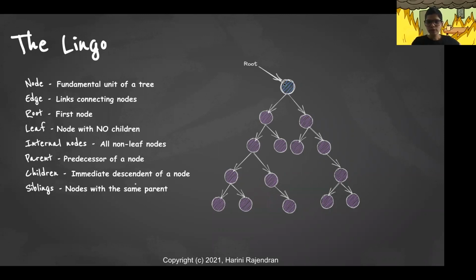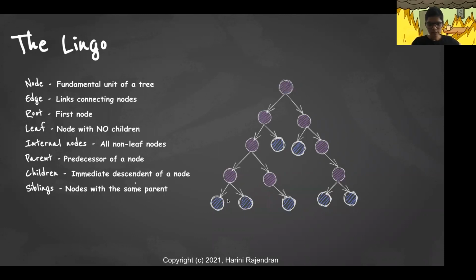The node which is at the topmost part of the tree, the first node, is called the root. So ironically, in the tree data structure, the root is present at the top of the tree. And all the elements that are present at the lowermost level of the tree, and all the elements that are present in the tree without any children, are called leaf nodes.